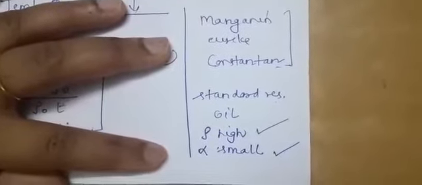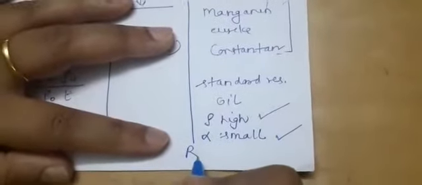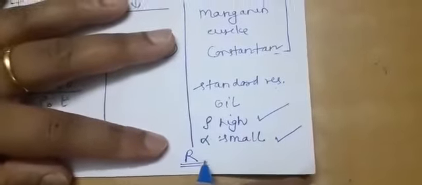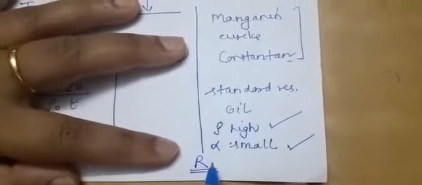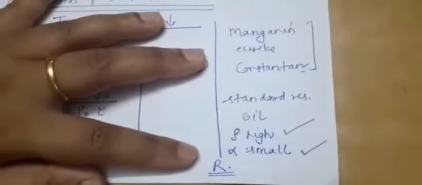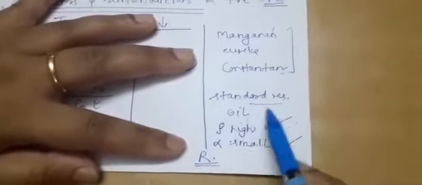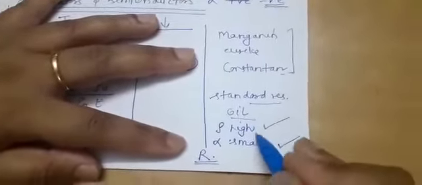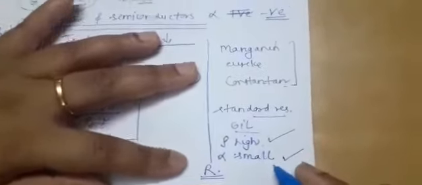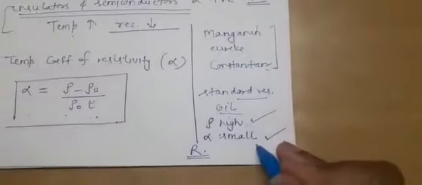Another point is that the resistance is least affected by atmospheric conditions. That means the resistance of these materials will not be affected by changing external weather conditions like air, moisture, etc. That's why these alloys are suitable for making the standard resistance coil. The main two points are high resistivity and low temperature coefficient of resistivity or resistance.